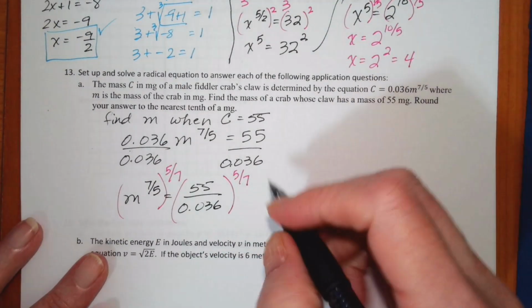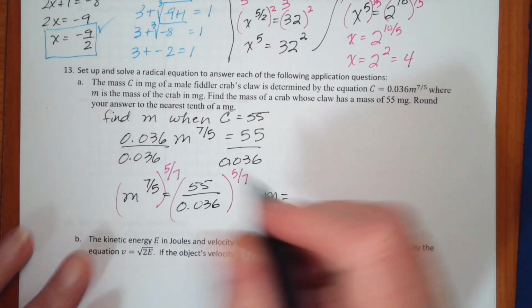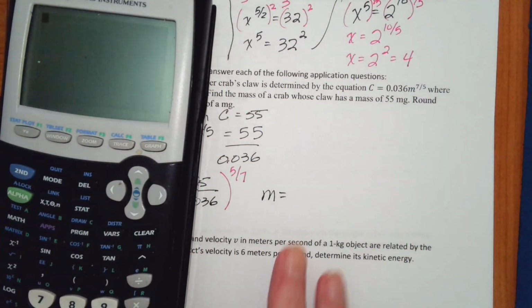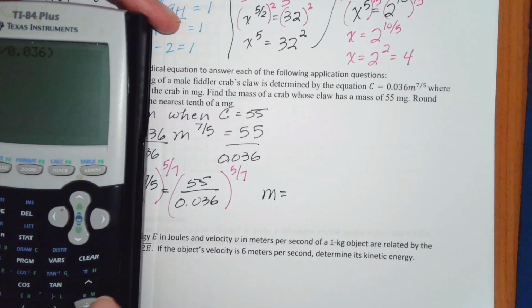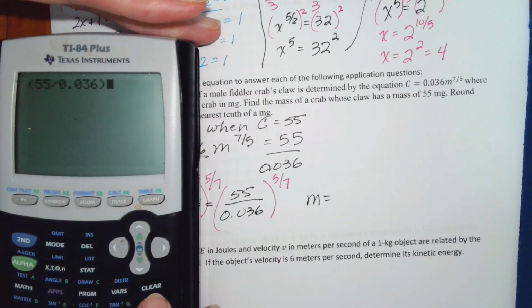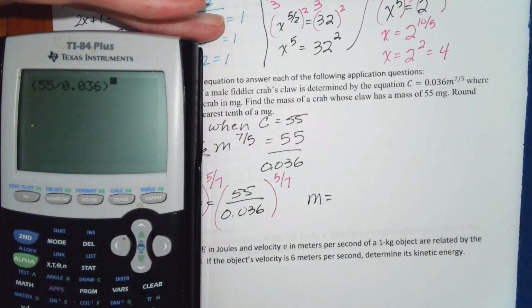And then I just do this in my calculator. So m is equal to, oops, and here's my calculator. 55 divided by 0.036, all to the 5/7.